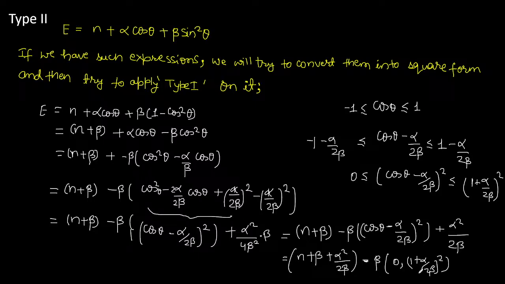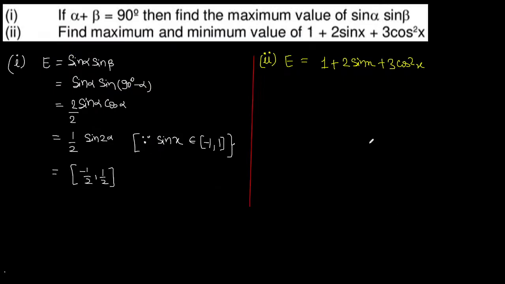Like these are some values, I am taking as an example. In this question, we have 1, we have 2 sin x, we have 3 minus 3 sin square x.